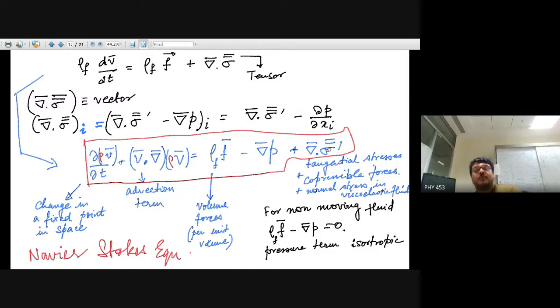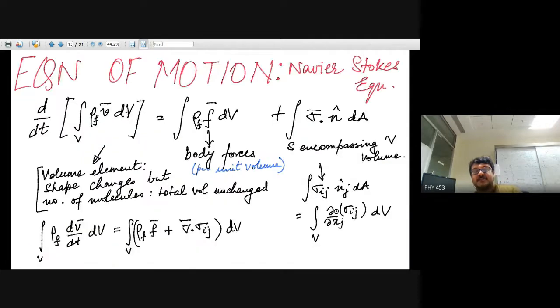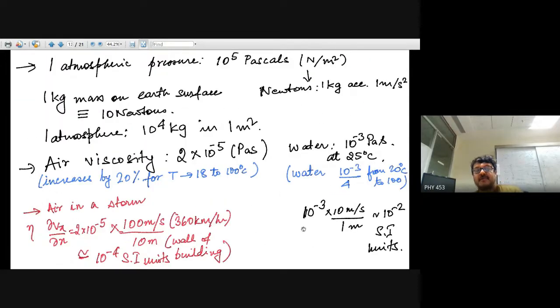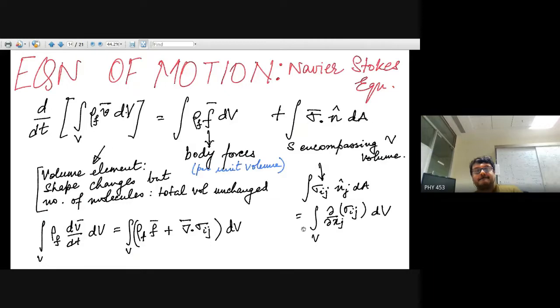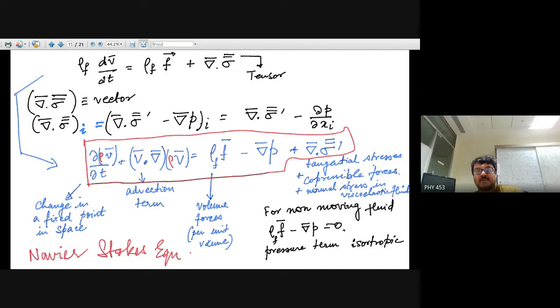This would also drop off, and this would be your equation of motion. So if there were no relative motion between layers of the fluid, this would be zero. Velocity is not changing as a function of time or space, and then the external force would create a gradient in the pressure, and this is the general Navier-Stokes equation.